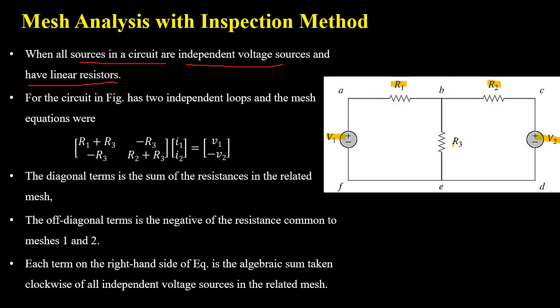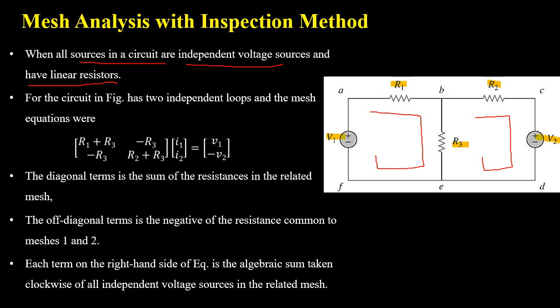Now we have derived the equations in the last topic, and those were: in case of mesh 1, we have R1 plus R3 multiplied by I1 minus R3 into I2 equals V1, and for mesh 2 the equation is minus R3 into I1 plus the sum of R2 and R3 multiplied by I2 equals minus V2.